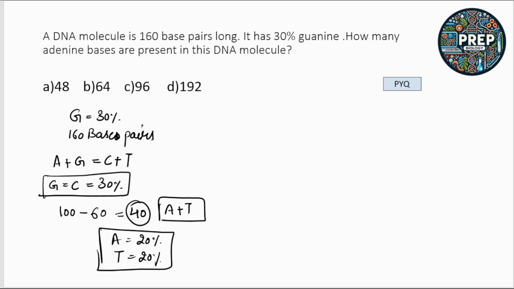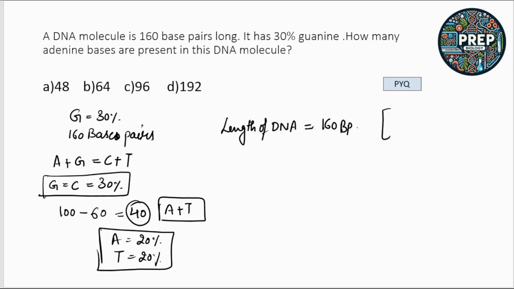Okay, but we have to calculate the length of the DNA molecule. We know that it is 160 base pairs. So this is the length of the DNA molecule. So 160 base pairs means how many bases?